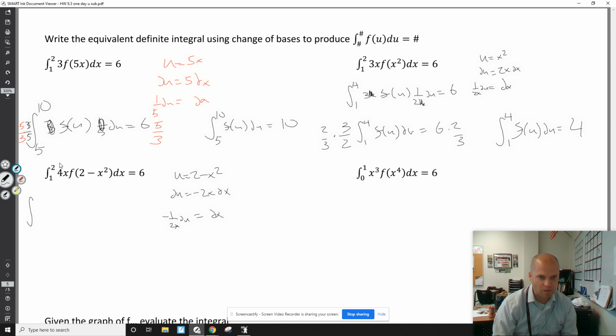Change my bases, change my boundaries. 2 minus 1 is 1. 2 minus 4 is negative 2. Might freak you out, but that's what it is. I don't like changing boundaries when it goes from left to right to left. But we'll find that sometimes that means our answers are going to be negative.